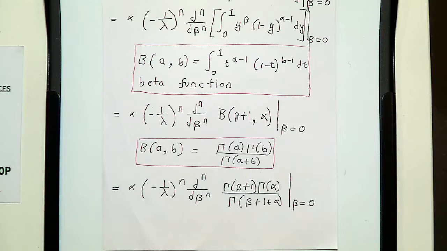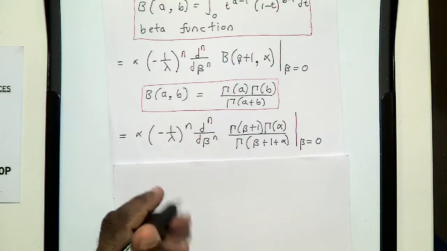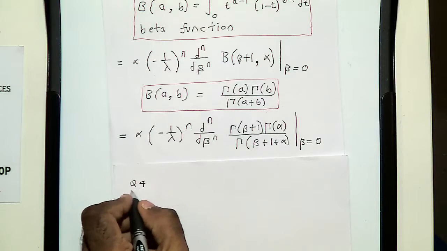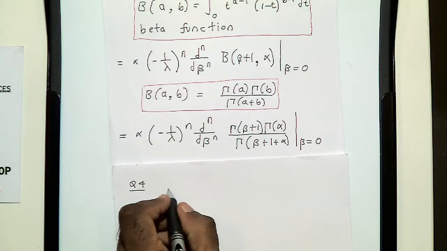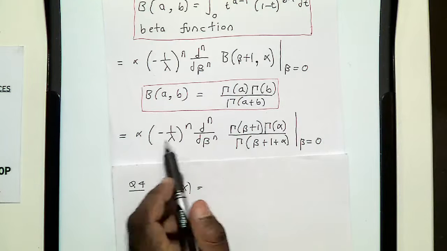Now part 4 is to find the mean of x. Remember, the mean is simply the expectation of x, right? So to find the mean of x, all you have to do is put n equal to 1 into this formula.